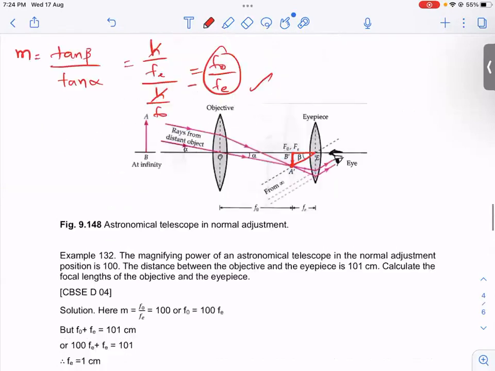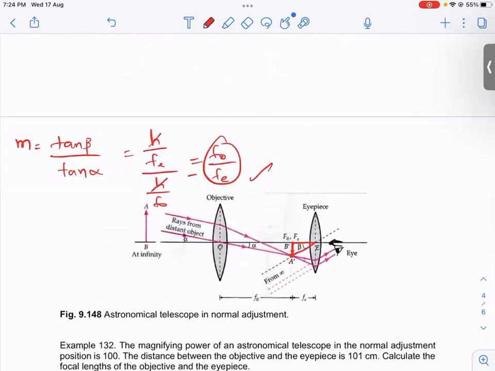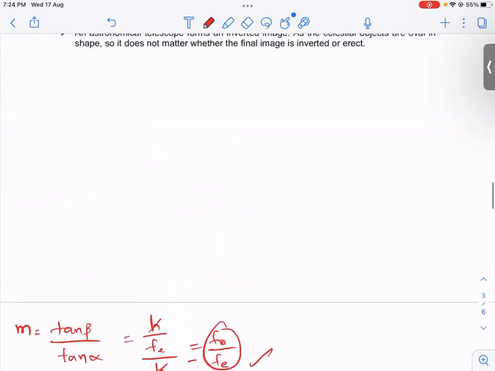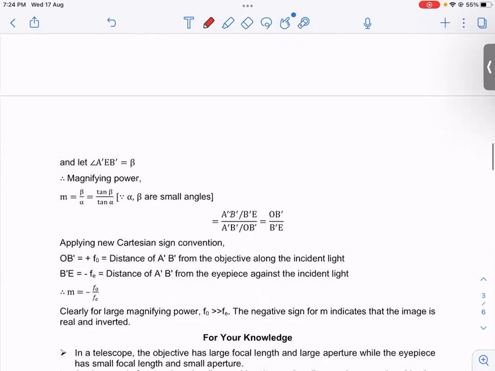Is that point clear? Yes, sir. So make a note of all these points.